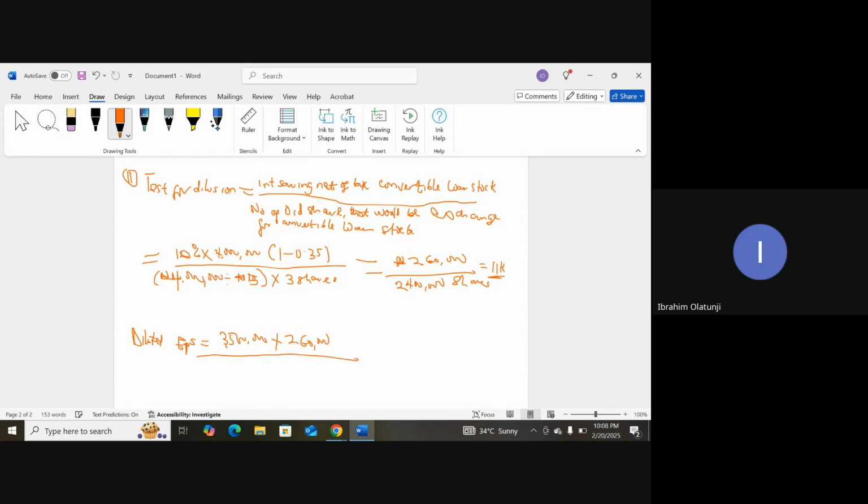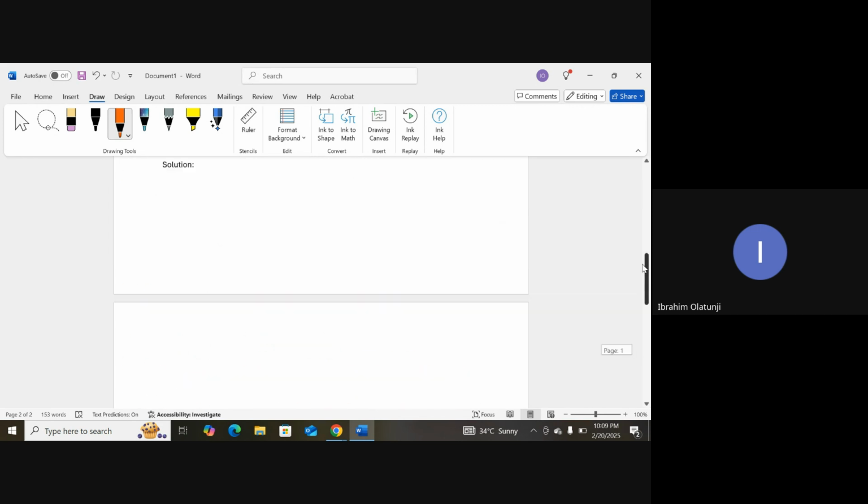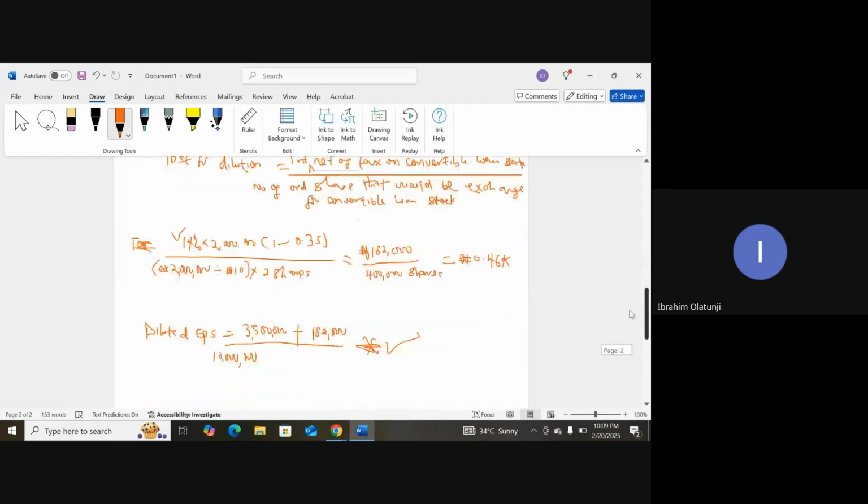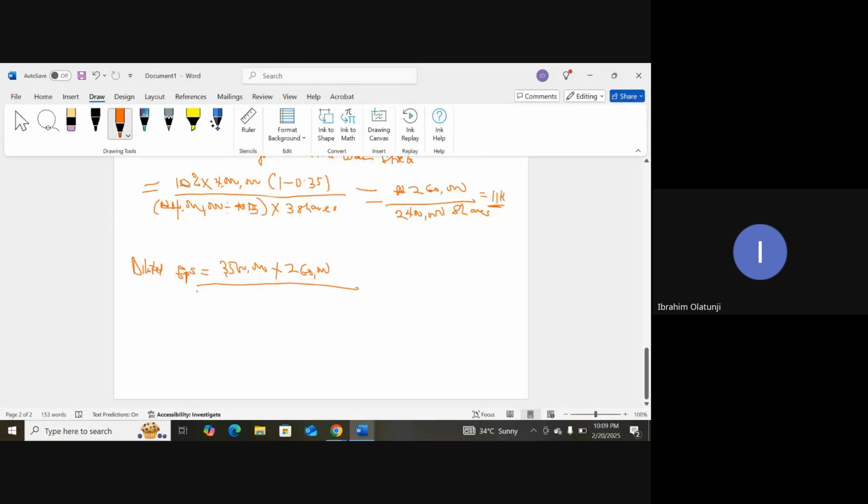All over number of ordinary shares for basic EPS. What's the number of ordinary shares for basic EPS? 10 million, plus the number of ordinary shares exchanged for convertible loan stock.